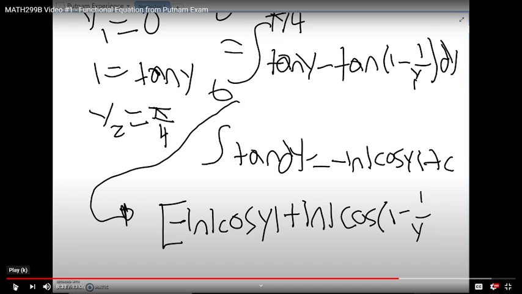Because if you differentiate, you'll get h prime of g times f, and that h prime of g term is not necessarily going away. If you differentiate this function that you've written down right here, natural logarithm of cosine of 1 minus 1 over y, you'll see its derivative is not actually minus natural logarithm of cosine of y.